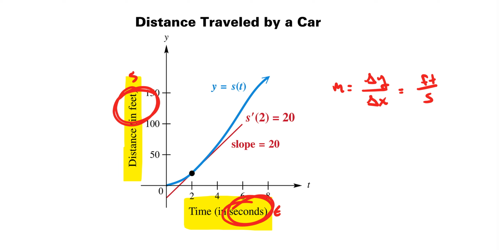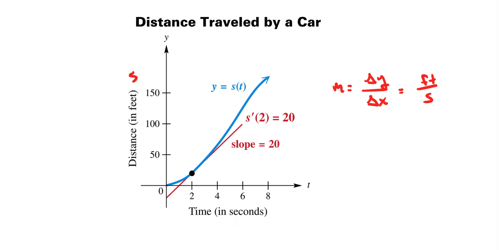So the slope would be feet per second, and that's why it gives you a velocity. Feet per second would be our units for velocity, which is the slope for this graph that we just created right here. So the velocity function will equal the derivative of the position function.